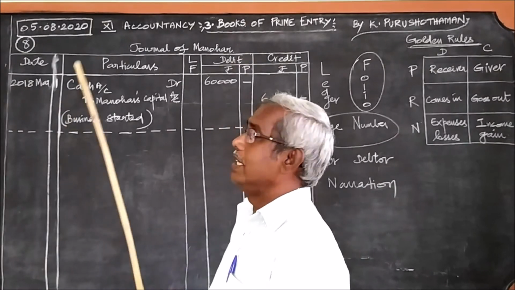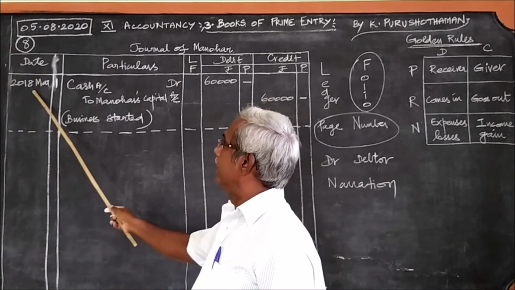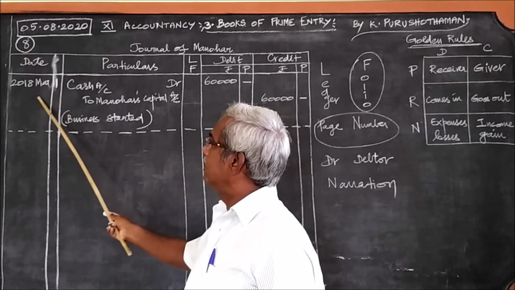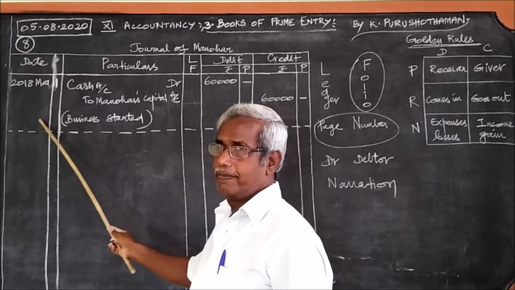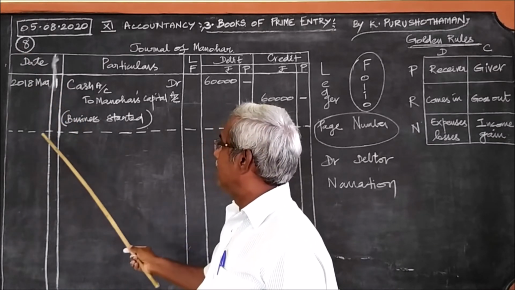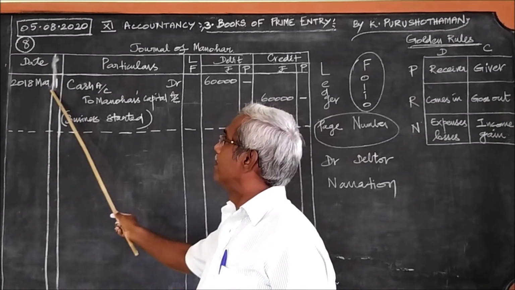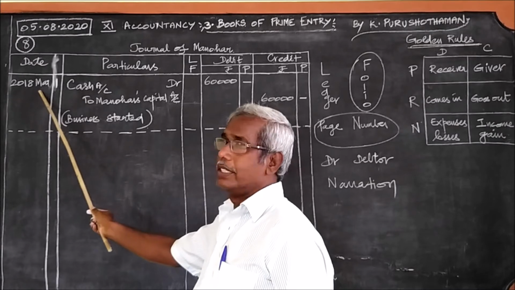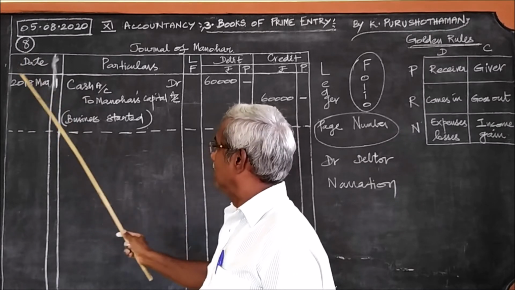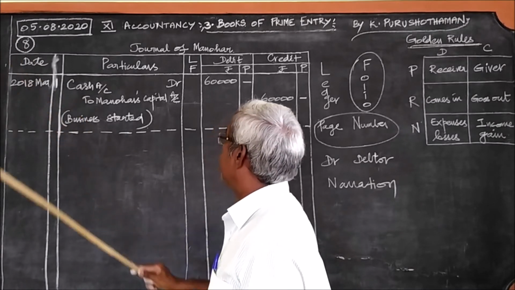A journal entry consists of this day, year, month, and the date. From the second transaction onwards, you can just mention the date. You need not repeat the year and month. You just write the date.